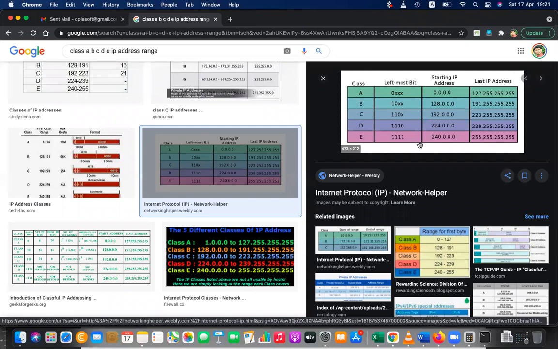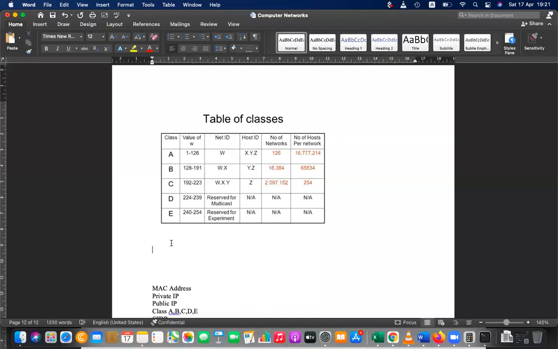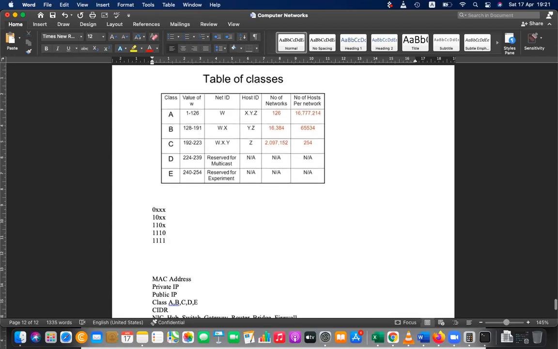This is how the leftmost digits are taken, right? 0xxx, then 10xx, then 110x, then 1110, then 1111, and this is the pattern.